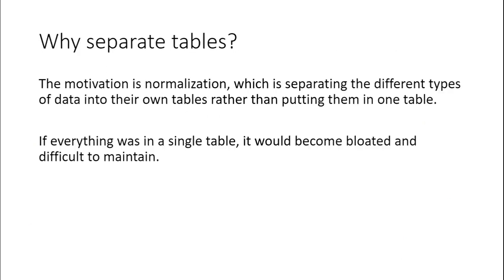So why do we need separate tables? First of all, the separation of tables is termed as normalization, and this is done because if you have everything in one single table, it becomes very cluttered and bloated, and it becomes difficult to maintain. So in order to keep things clean, we do this.